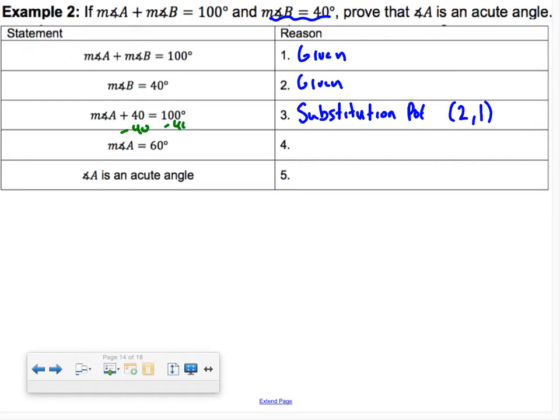It looks like they subtracted 40. So if it's a subtraction of 40, this is the subtraction property of equality. And so we end up with the measure of angle A is 60 degrees, and they say angle A is an acute angle. So here's where we pull in some geometric proof or reasoning. That's the definition of acute angles.